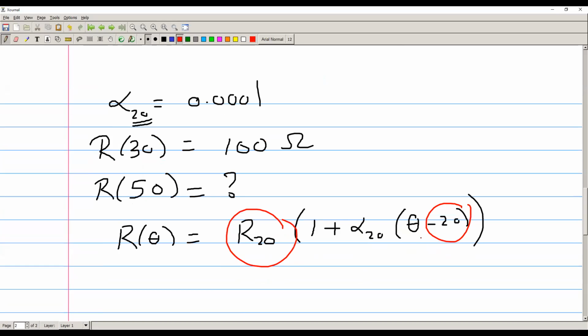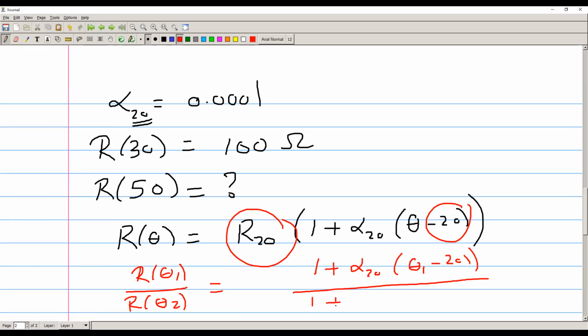If I want to use the relative temperature equation like R1 over R2, I can do it like this: R of theta 1 over R of theta 2 is equal to R20, a common factor between the two, times 1 plus alpha 20 times theta 1 minus 20, over 1 plus alpha 20 times theta 2 minus 20 also.